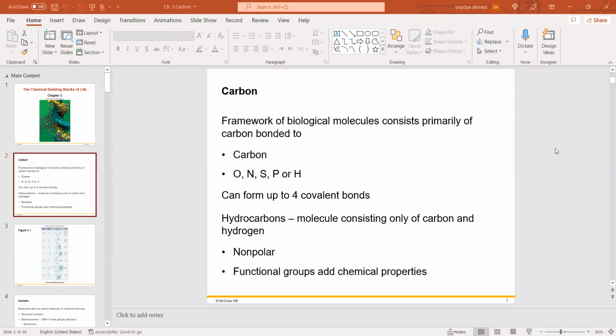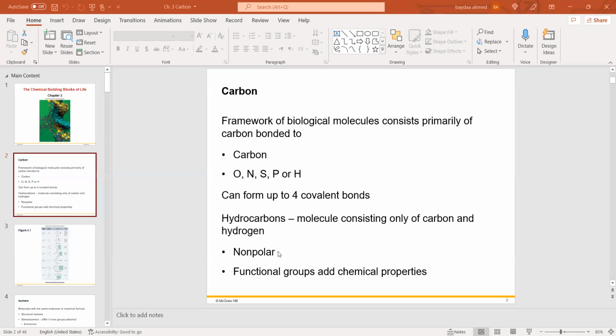Hydrocarbons are molecules consisting of only carbon and hydrogen. Carbon and hydrogen atoms both have very similar electronegativities. Electrons in carbon-carbon and carbon-hydrogen bonds are therefore evenly distributed with no significant differences in charge over the molecule surface, so those are non-polar molecules.